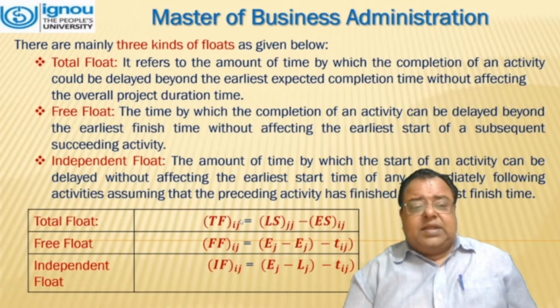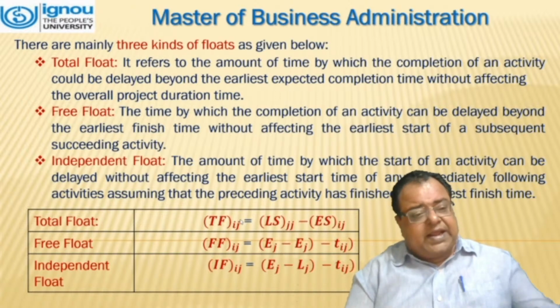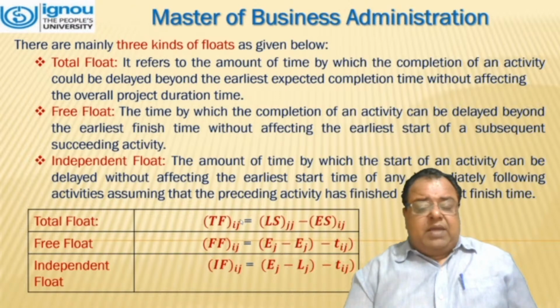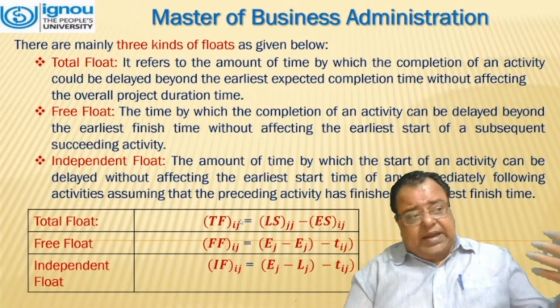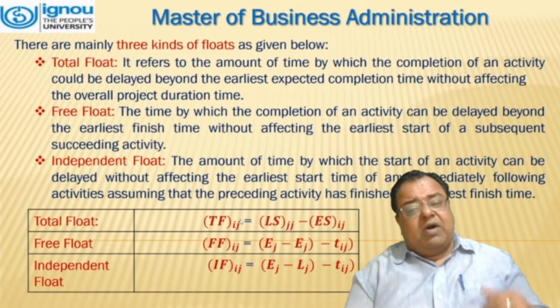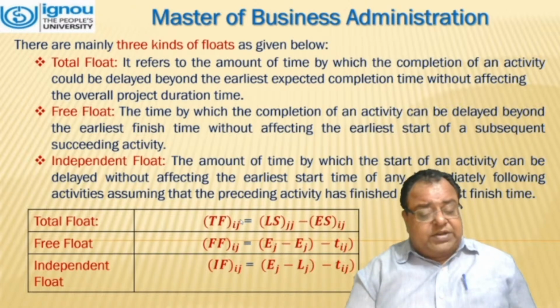Free float is the time by which the completion of an activity can be delayed beyond the earliest finish time without affecting the earliest start of a subsequent succeeding activity. And the third one is independent float, the amount of time by which the start of an event can be delayed without affecting the earliest start time of the immediately following activities, assuming that the preceding activity has finished at its latest finish time.